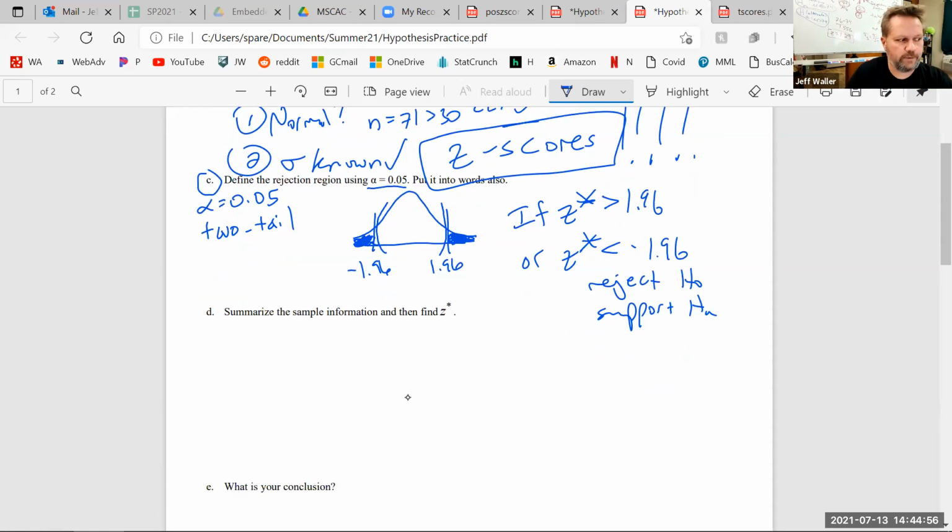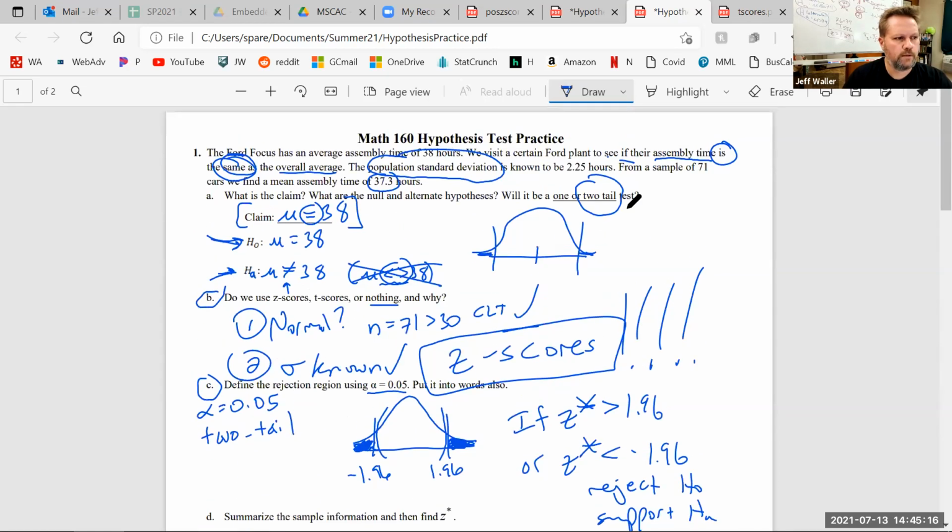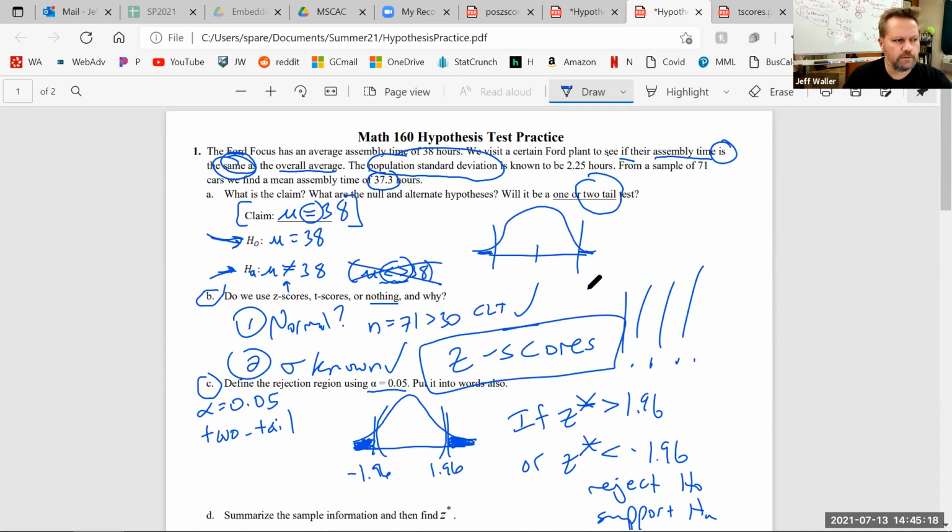So let's calculate. What do we know? What's our X bar, our sample mean? 37.3. And what's n? 71. And what's sigma? 2.25.